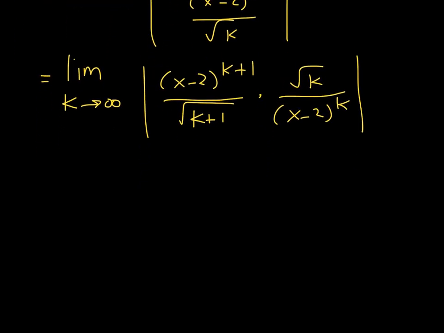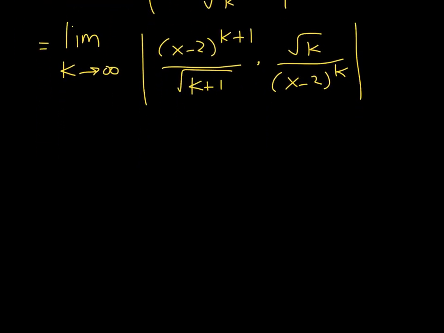All right, so let's continue to simplify. So then this is equal to the limit as k goes to infinity. Now, x minus 2 raised to the power of k plus 1 divided by x minus 2 raised to the power of k leaves me with just x minus 2 raised to the first power. But I still need absolute values around that.